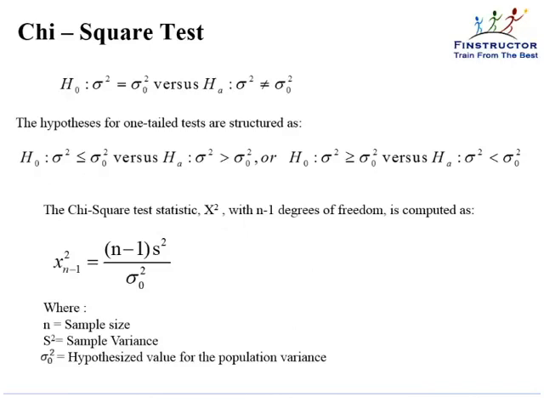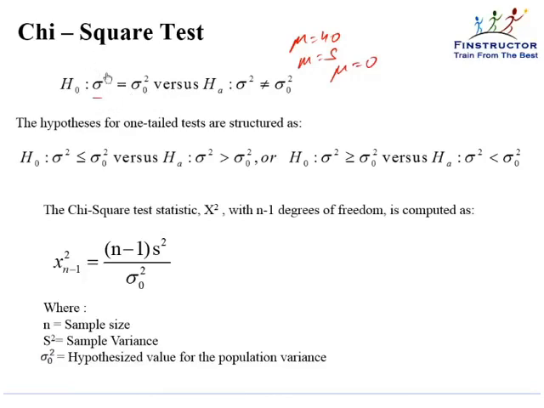An important test that we may need to conduct is the chi-square test. Just like we hypothesized that the mean is equal to 40 or 5 or 0, we can make similar hypotheses about the variance as well.